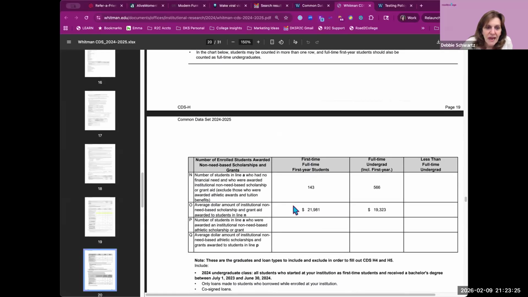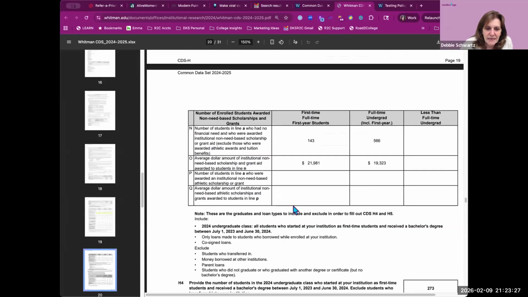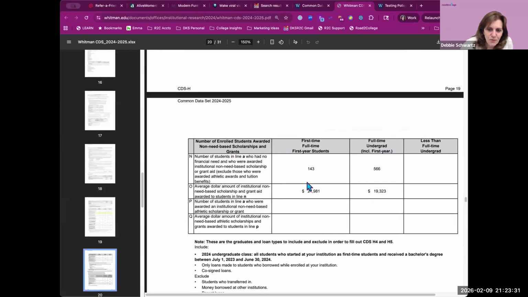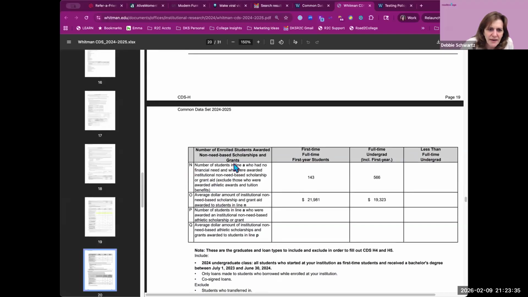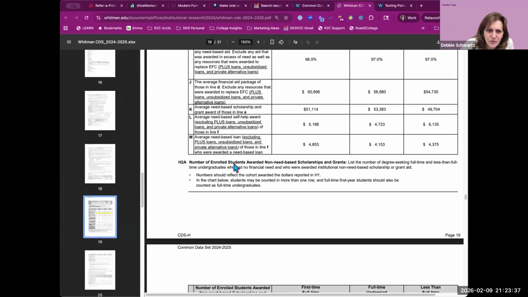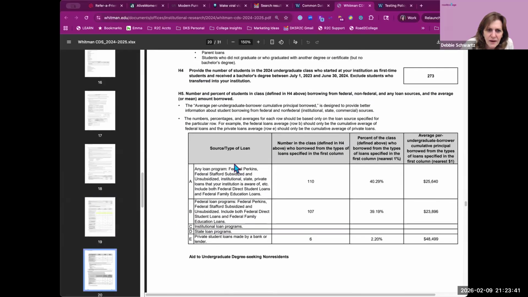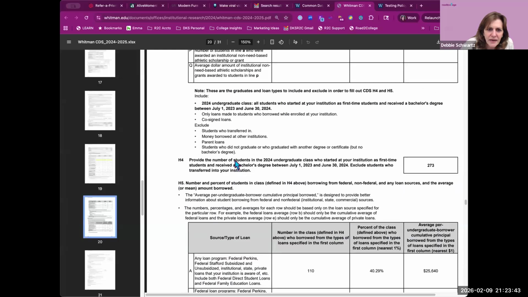Okay, let's keep going. This is another important section. It's line N. Wait, let me just scroll a little bit up, make sure I didn't miss anything. Okay, yeah.